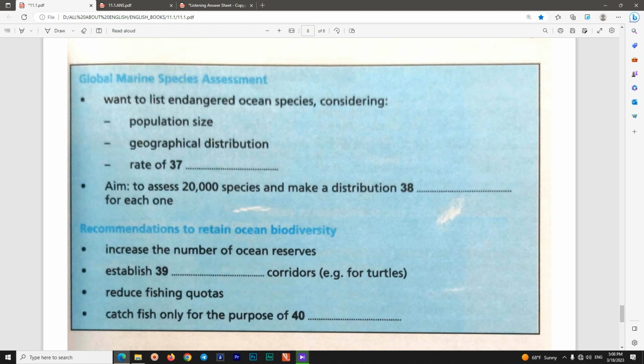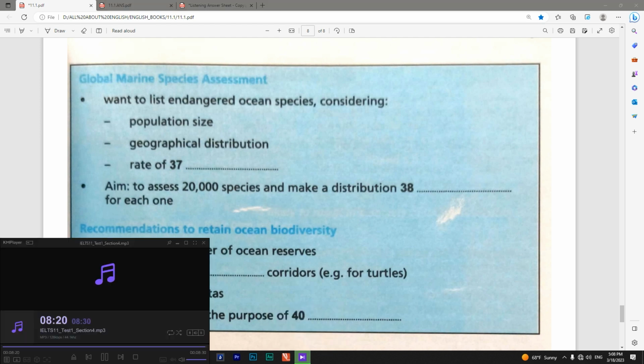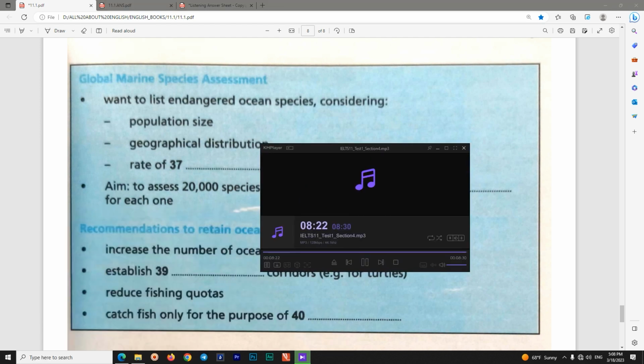That is the end of the listening test. You now have 10 minutes to transfer your answers to the answer sheet. Please stop writing and wait for your question booklet to be collected.